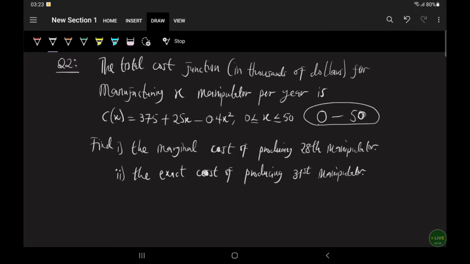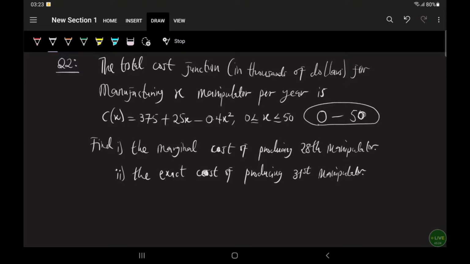So now we are told to find the marginal cost of producing the 28th manipulator. This is what I was saying. The marginal cost of producing the 28th manipulator, that is the exact cost of producing the 28th manipulator. So how do you go about this? Very simple. To find your marginal cost of producing a particular item, we said you first of all differentiate, find the first derivative of the cost function, and you substitute whatever level of production they want you to work on.